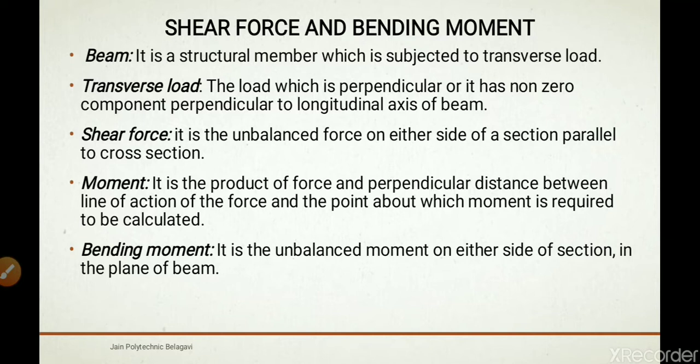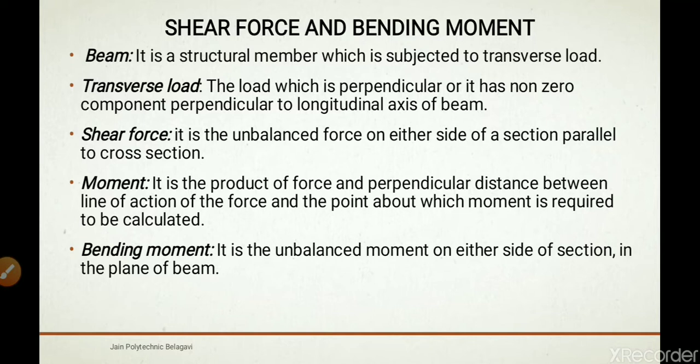So transverse loads are nothing but the external forces or loads acting at right angles to the axis of the beam, because the axis is running along the length of the beam, right? So perpendicular to the axis of the beam, vertical forces which are acting, you can say transverse loads.